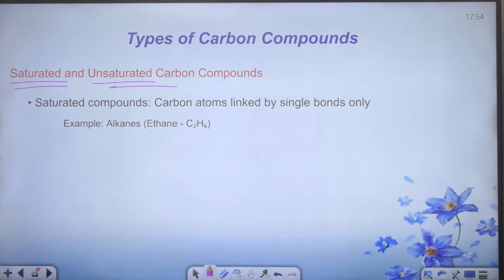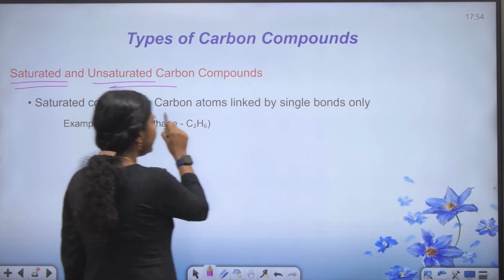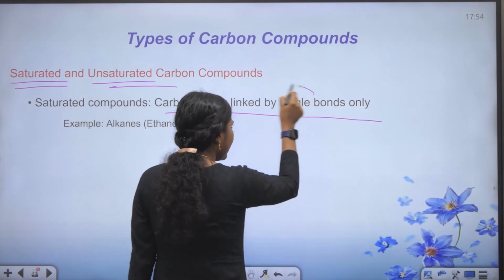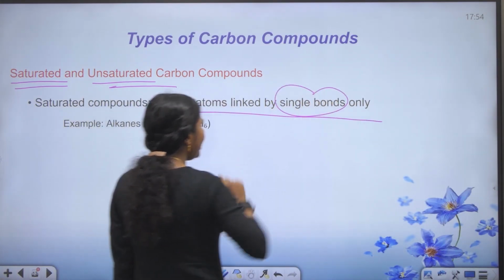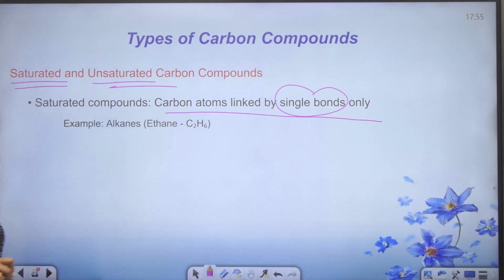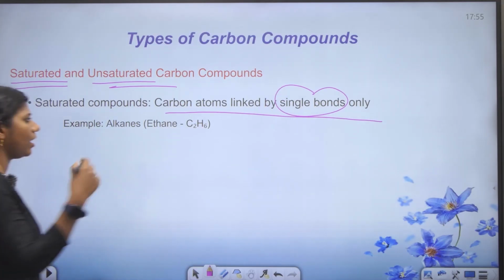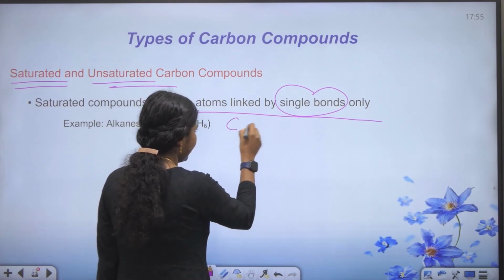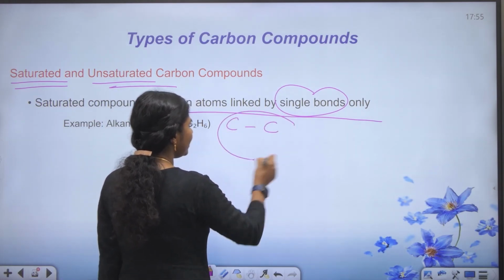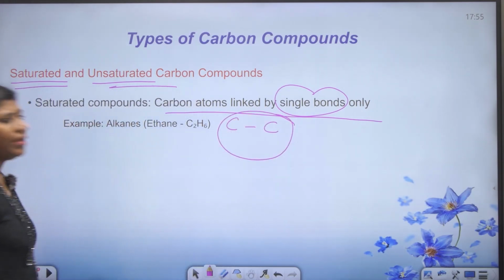Saturated compounds mean carbon atoms linked by single bonds only. Only carbon-carbon single bonds are present. That means the compound is a saturated compound.